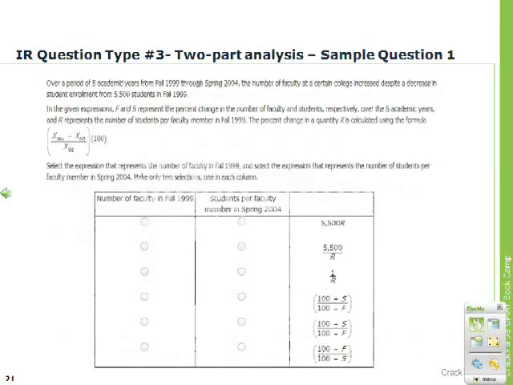So a period of 5 academic years from fall 1999 through spring 2004, number of faculty at a certain college increased despite a decrease in the student enrollment from 5,500. So let's just do this quickly. 3 minutes again.